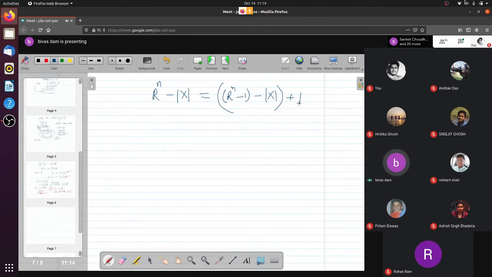Is the left hand side and right hand side the same? Yes, sir. So what is this?